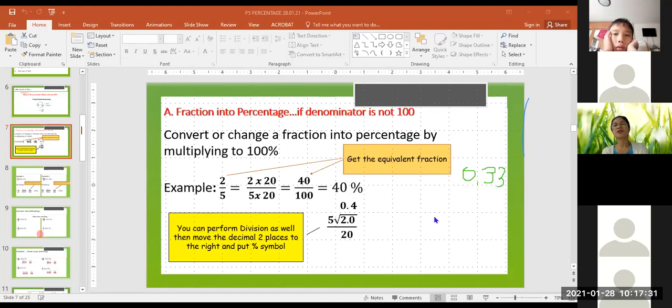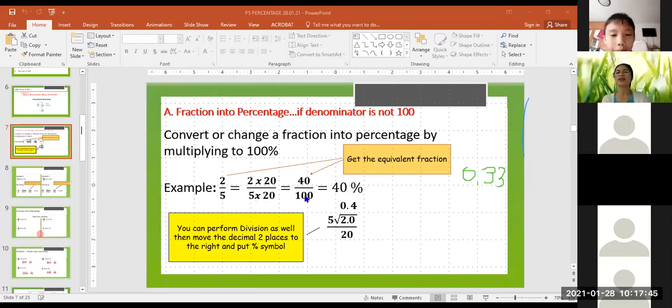Okay, you have to think of a number by which your 2 can be multiplied, as well as a number by which the denominator 5 can be multiplied so that you get a denominator of 100.